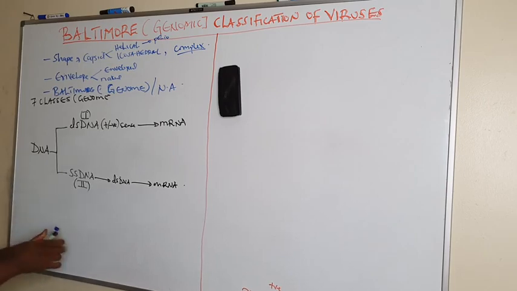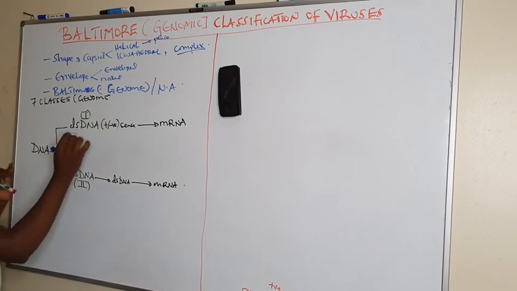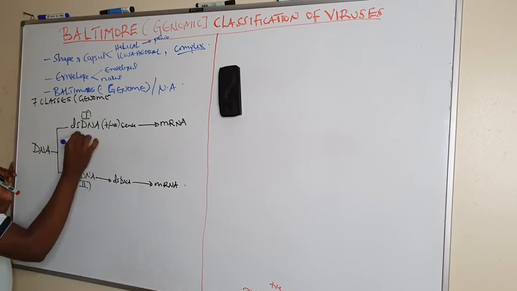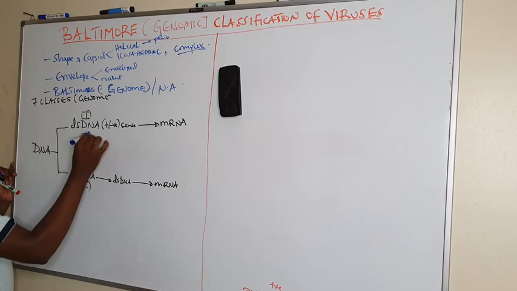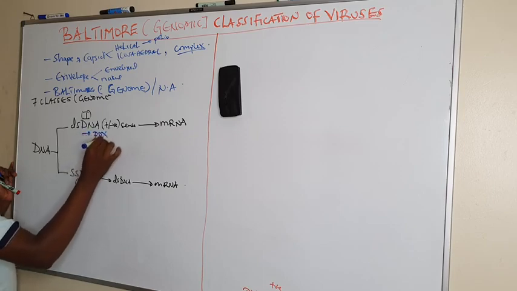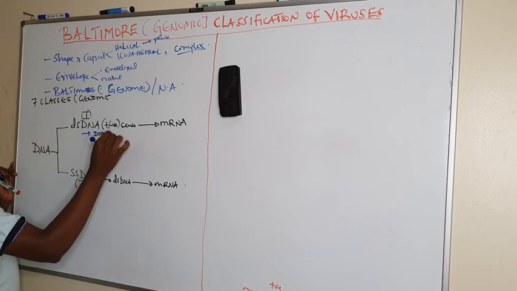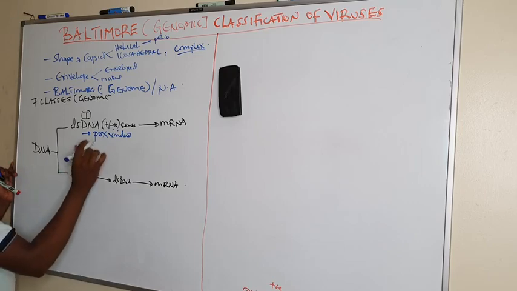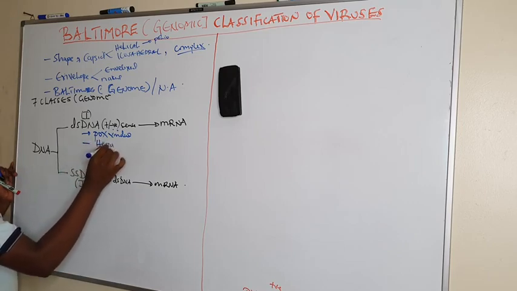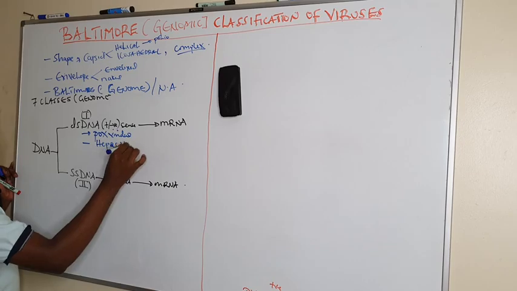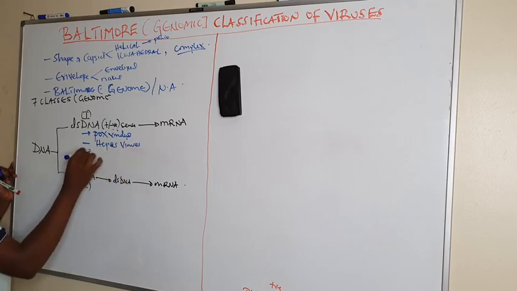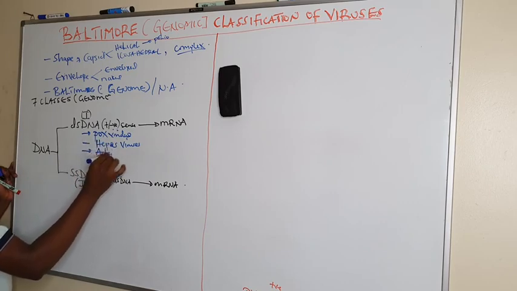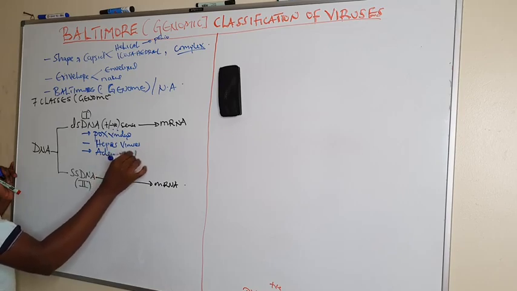And examples of viruses which are double-stranded include poxviruses, the poxviridae, hepadnaviruses, herpesviruses, and adenoviruses, that is adenoviridae.